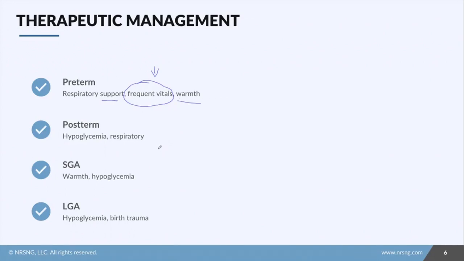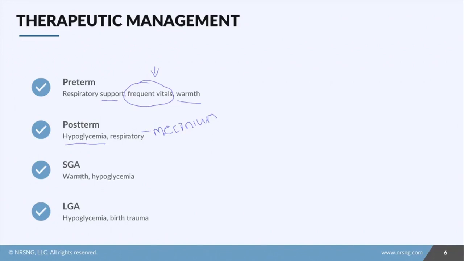For our post-term baby, these kids are going to be watched for symptoms of hypoglycemia and treated if necessary. And then any respiratory support that's needed if they had any of that meconium aspiration. So we're just going to watch for that.